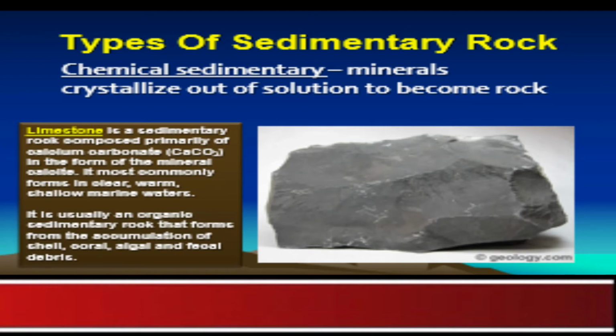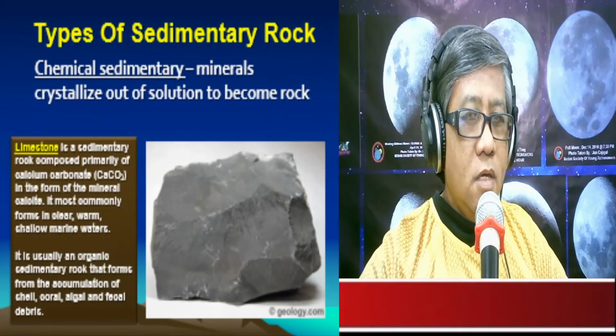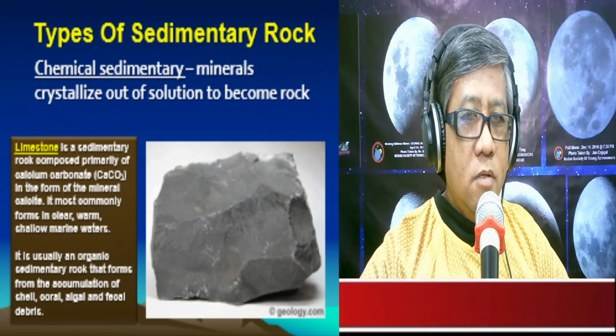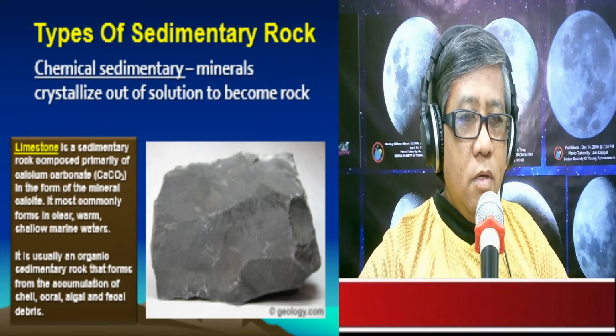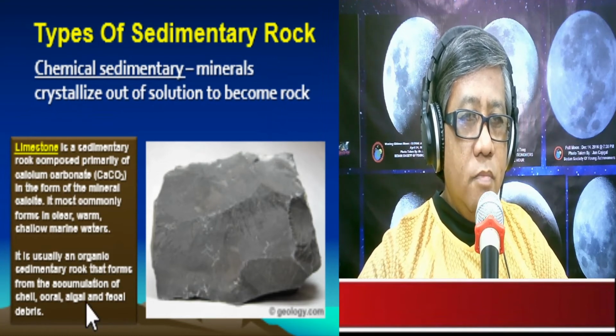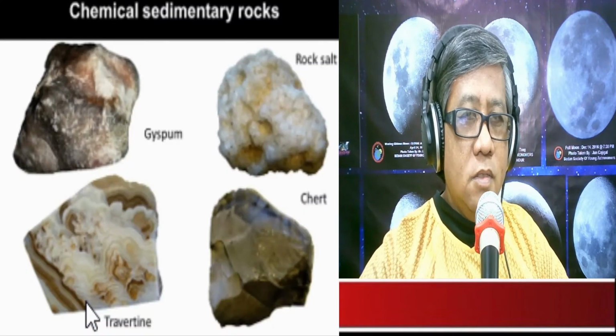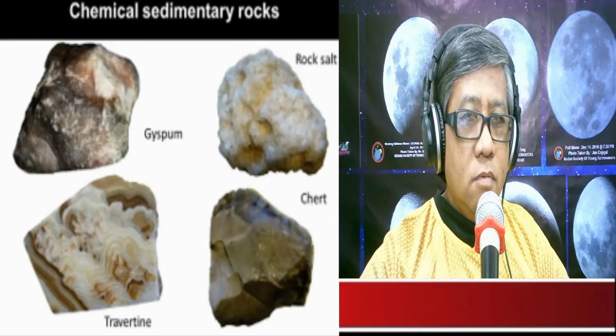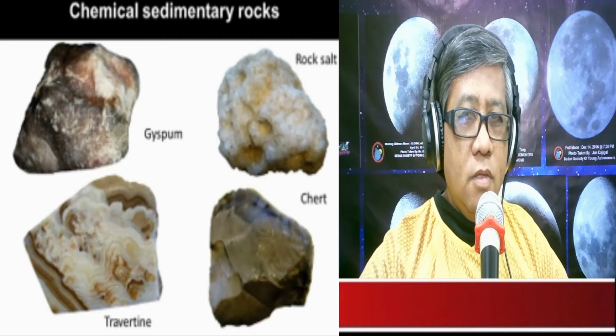Since eventually over time those organic substances turn into calcium carbonate, that makes limestone a chemical sedimentary rock. Other examples of chemical sedimentary rocks are gypsum, rock salt or halite, chert, and travertine.